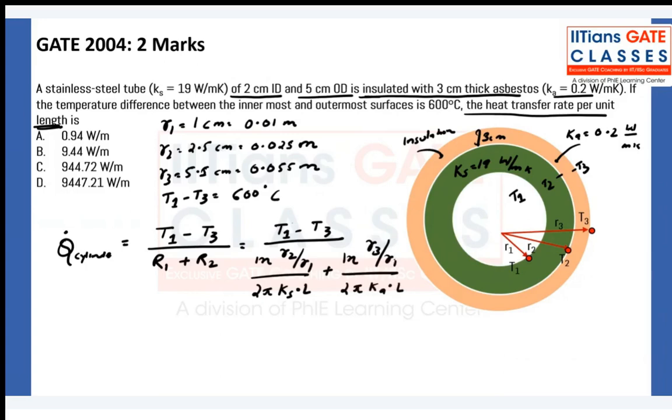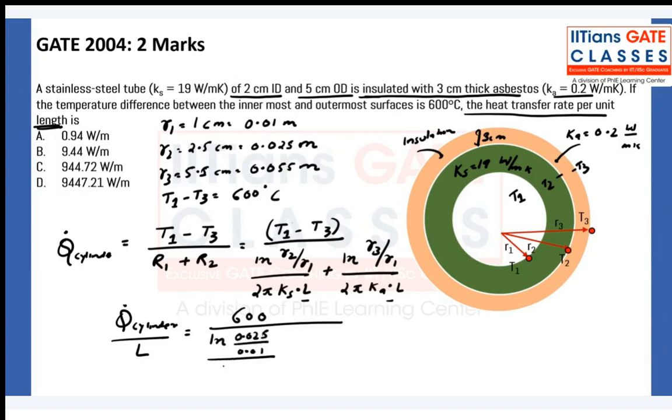Now they are saying heat transfer rate per unit length. So either you can take length equal to 1, or you can take length common here and take it to the numerator, and then bring it to the other side. So Q dot cylinder by length is equal to 600 by ln of R2 by R1, 0.025 upon 0.01, upon 2 pi K, K is 19, plus R3 is 0.055 upon 0.025.